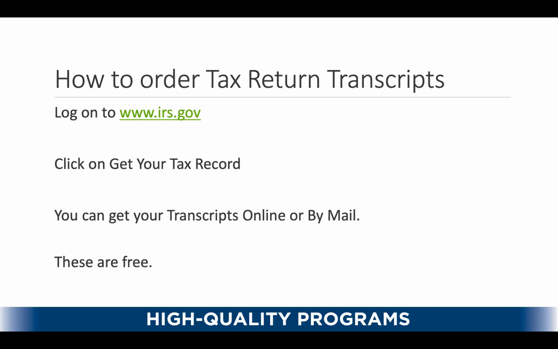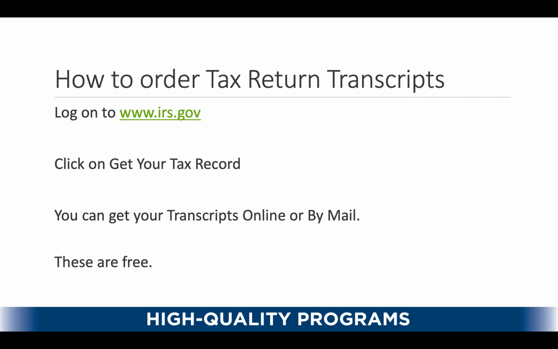If you are not able to use the IRS data retrieval tool on your FAFSA or do not want to use it, you can order a tax return transcript. To order a tax return transcript, you will need to log on to www.irs.gov and click on Get Your Tax Record.